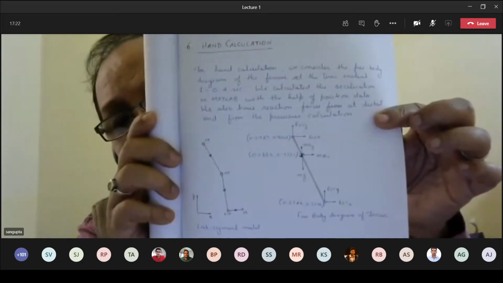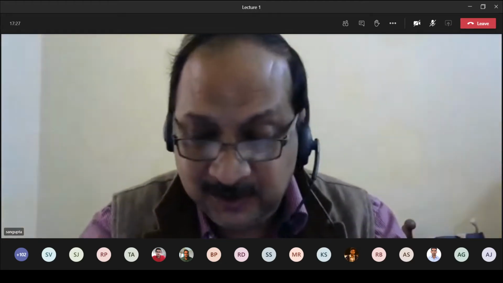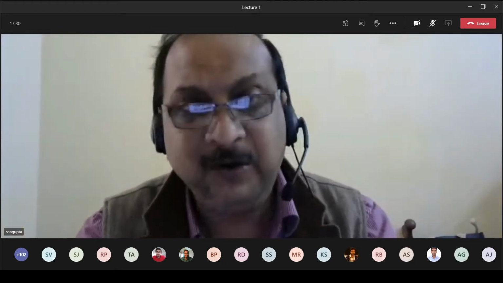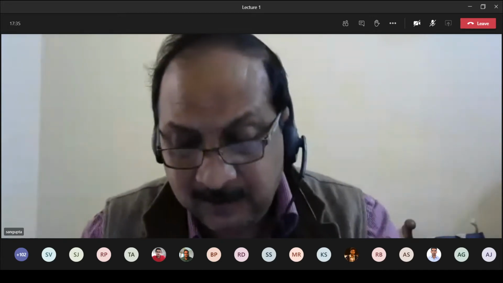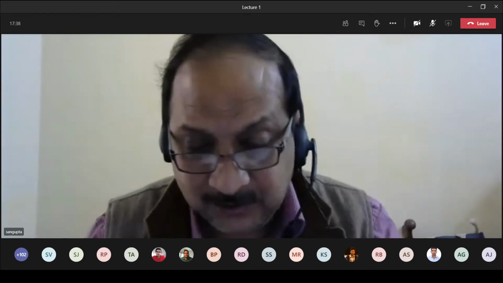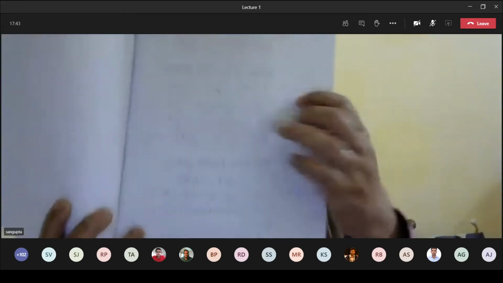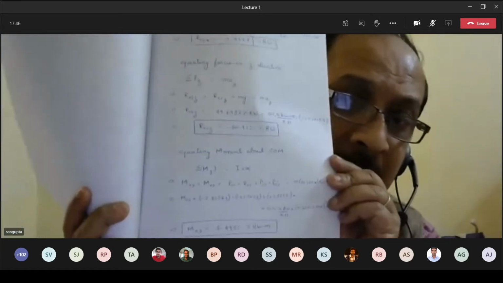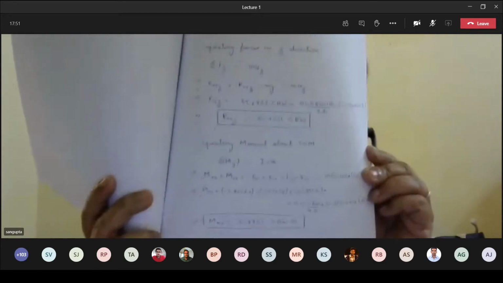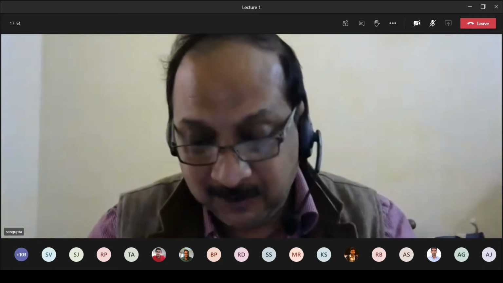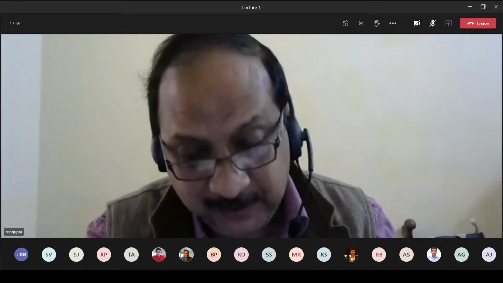In cases it was easier for them, neatly drawn free body diagrams with the coordinate system, the data, and they have shown the hand calculations, and they finally find out the reaction forces. They have found out the reaction forces and the moment at a particular joint, using the data.